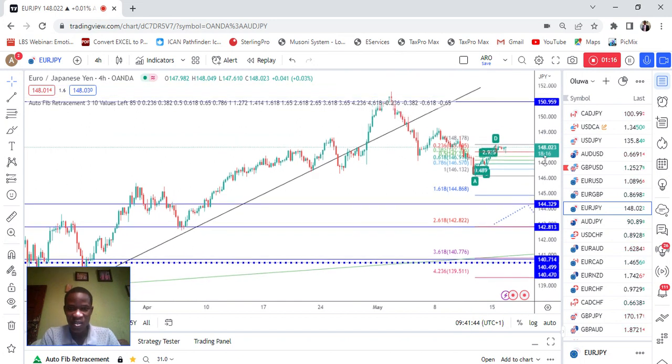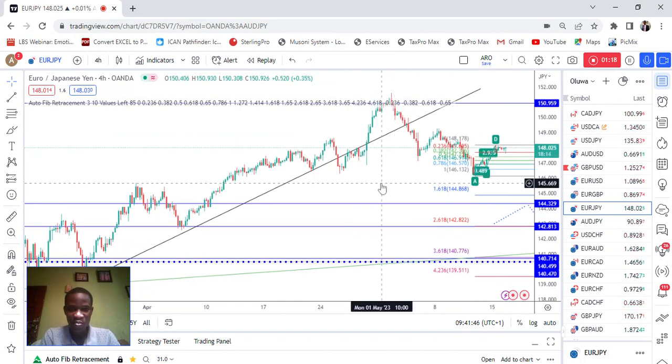We are on the 4 hours time frame. The present market structure now is an uptrend market, as you can see on this TradingView.